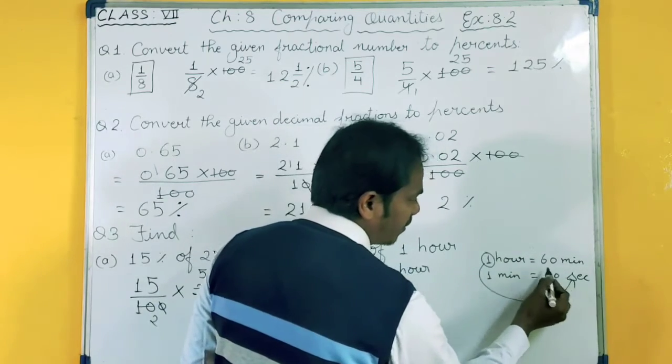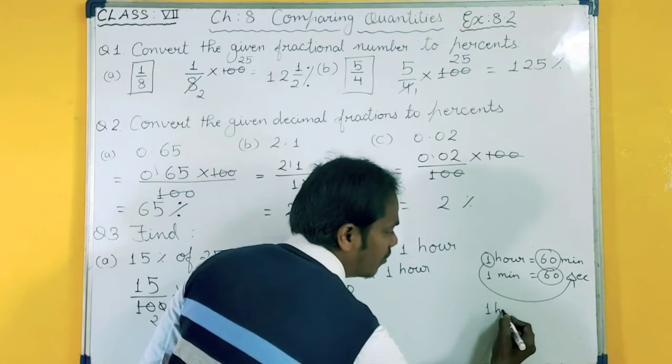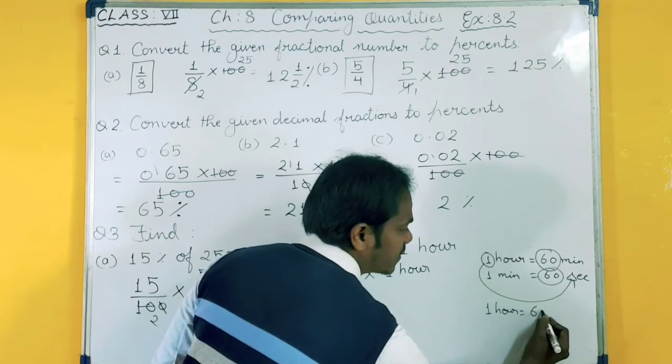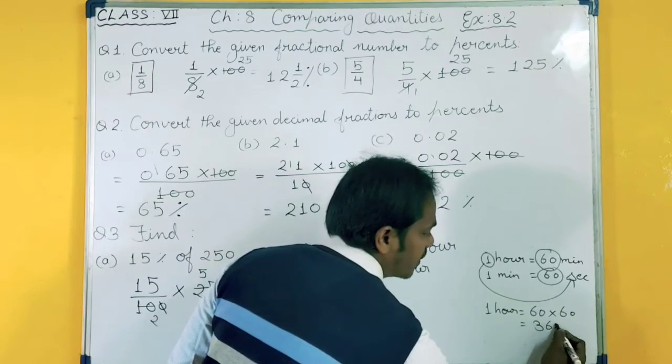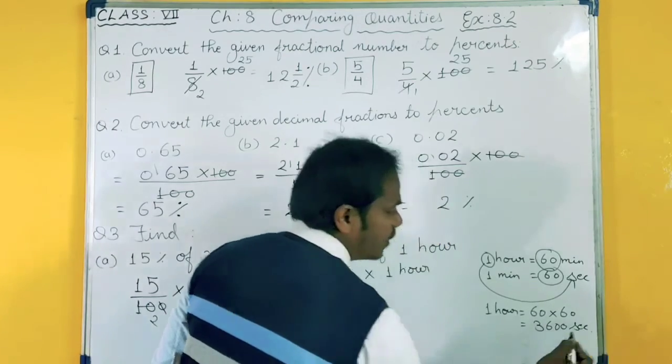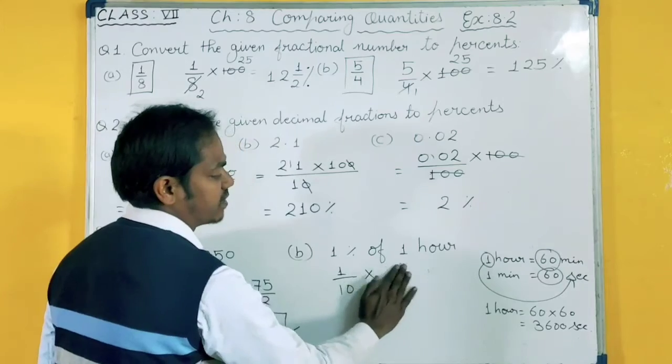From hour to second, you have 2 60s, means 1 hour is equal to 60 multiplied by 60. You will get 3600 seconds. So I have converted this 1 hour into seconds.